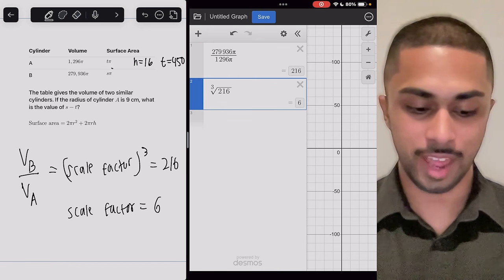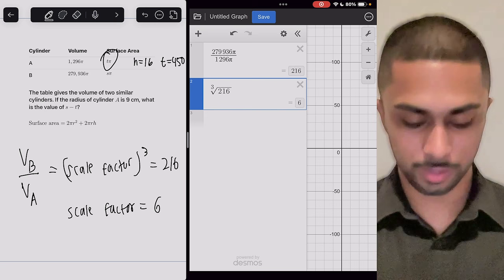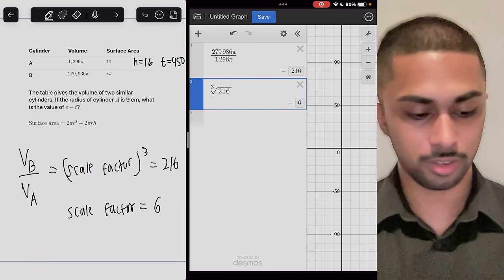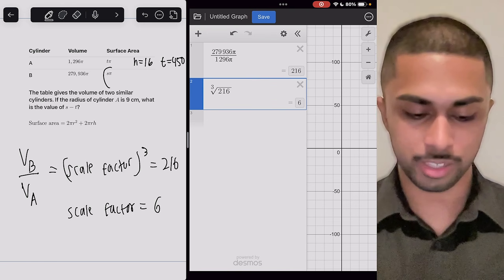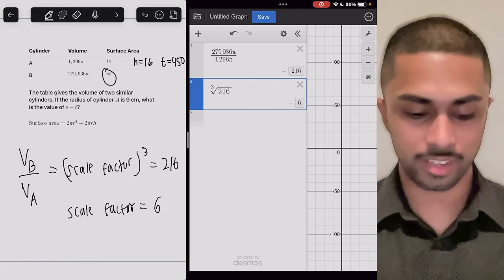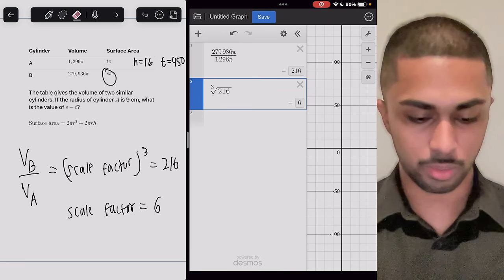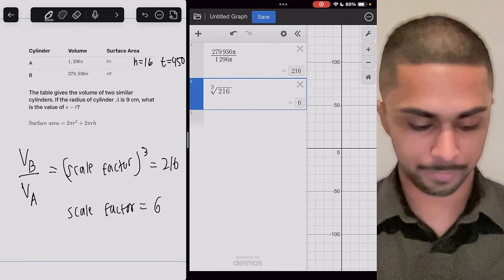That means that the edges on cylinder B is going to be 6 times the edge on cylinder A. Meaning the height on cylinder B is 6 times as big as the height on cylinder A, and the radius on cylinder B is going to be 6 times as big as the radius on cylinder A.